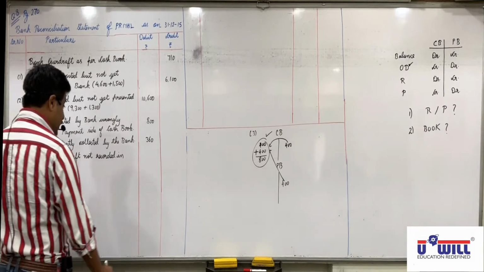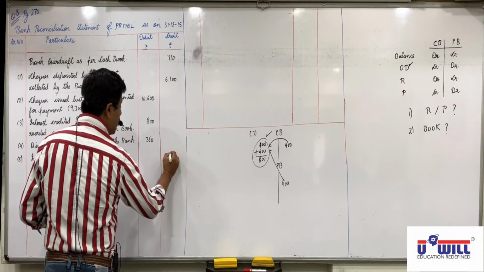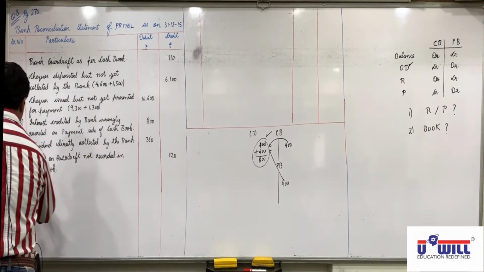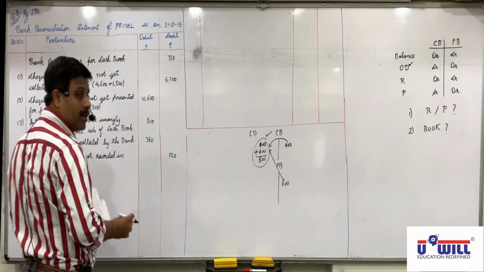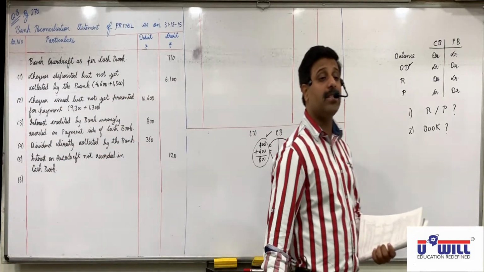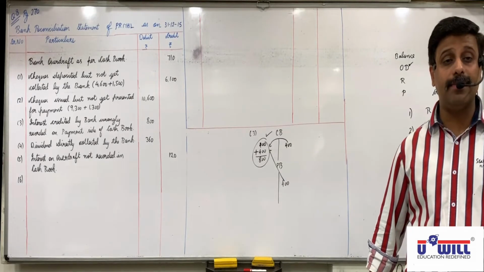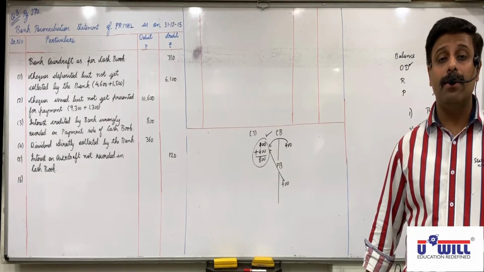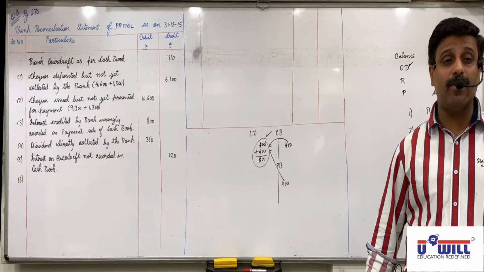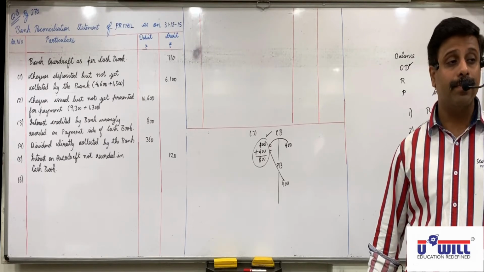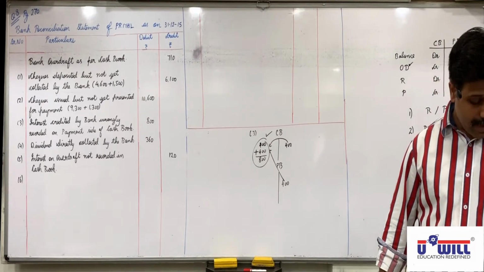So 120 is debited in passbook but not credited in cash book, so credited in BRS. Any confusions with this? All are clear up till the fifth reason? Raise your hand who is still writing the fifth one. Shall I proceed with 6?